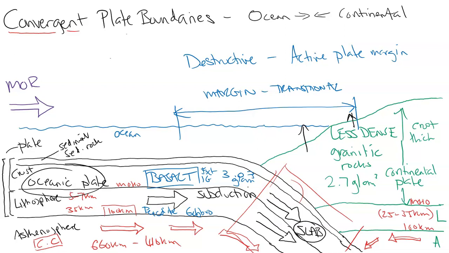But you get melting occur here, and the melting is going to cause magma production and decompression melting. And the magma is going to rise up and form volcanoes on the surface of the continents and create these volcanic arcs.